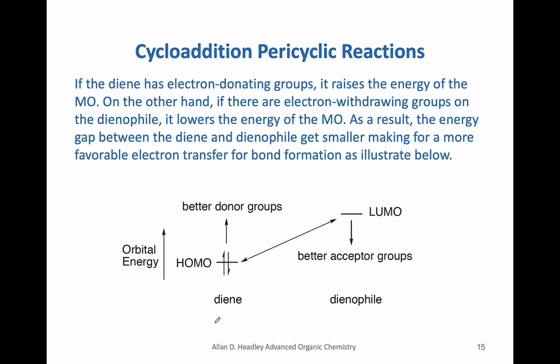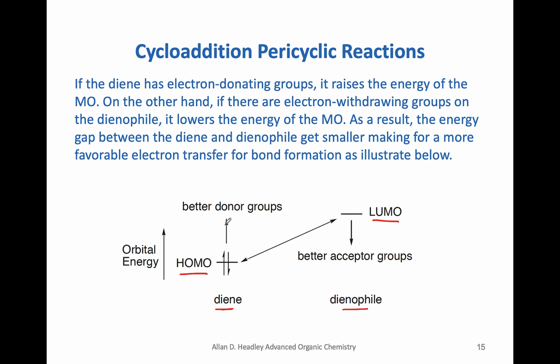Here are the molecular orbitals, showing the HOMO and the LUMO for the diene and the dienophile. As we pointed out, electrons flow from the HOMO, highest occupied molecular orbital, into the lowest unoccupied molecular orbital of the dienophile. If there are electron-donating groups on the diene, we're putting electrons into an orbital that already has electrons.